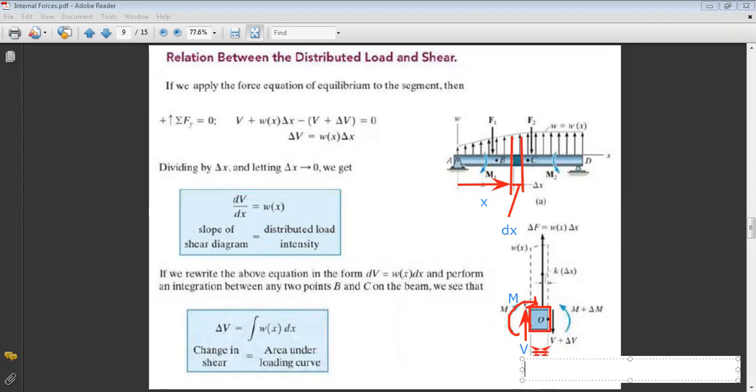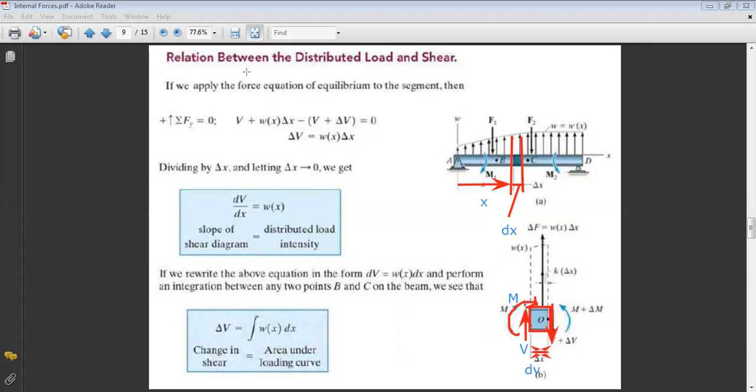And now on the other side, V and M will be different than on this one because it's a function. V and M will vary with location. So if I want to represent V and M, at this level, V should be down to rotate clockwise about the end of the beam.